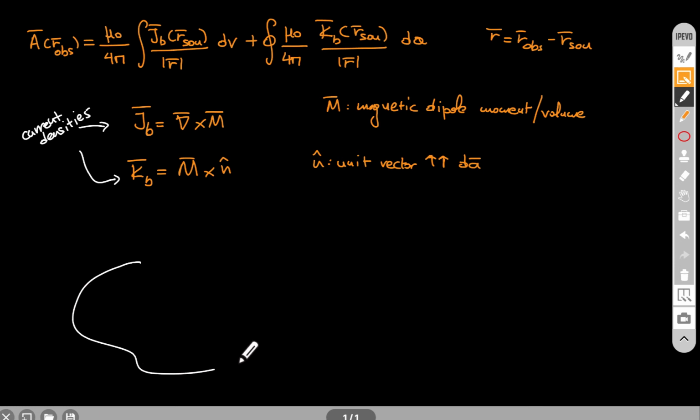If this is my material and it is magnetized, one way, as I mentioned in my previous video, in magnetism, when we talk about the magnetic fields in matter, we start thinking in terms of currents. You can model a magnet in terms of a current flowing in a circular loop of wire.